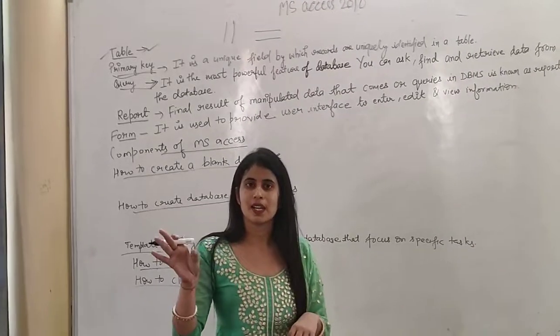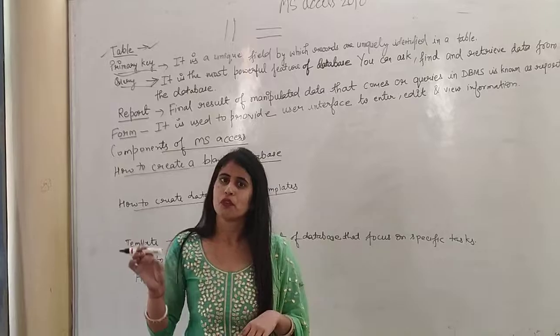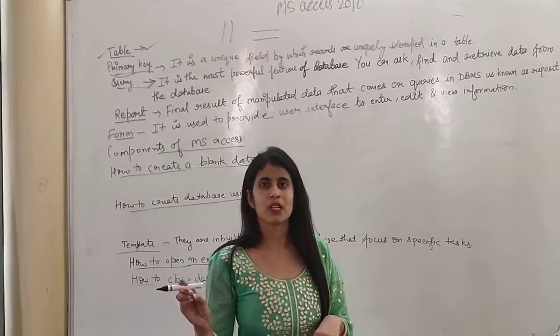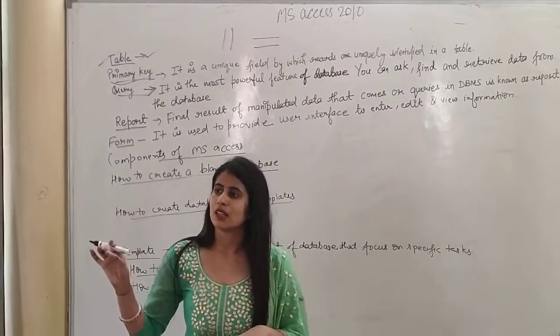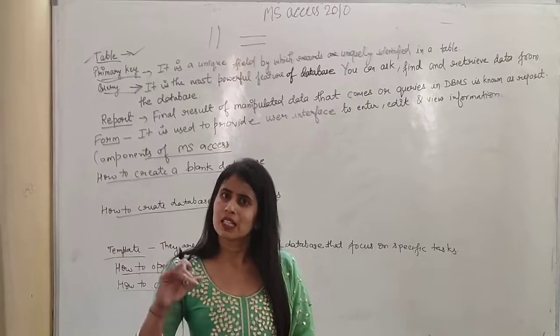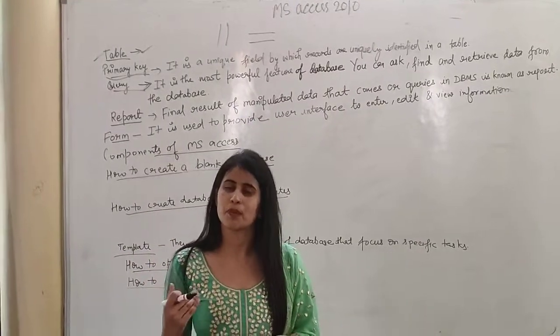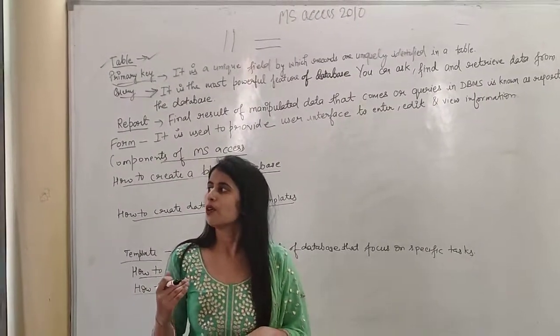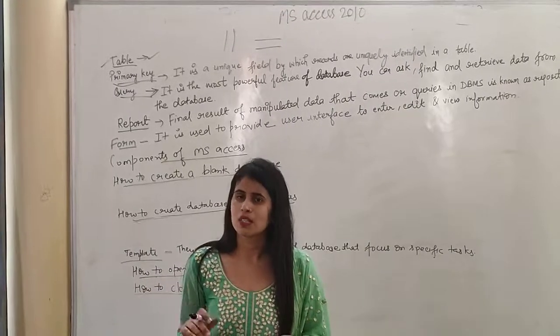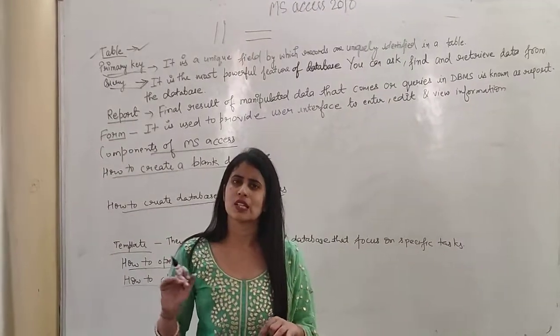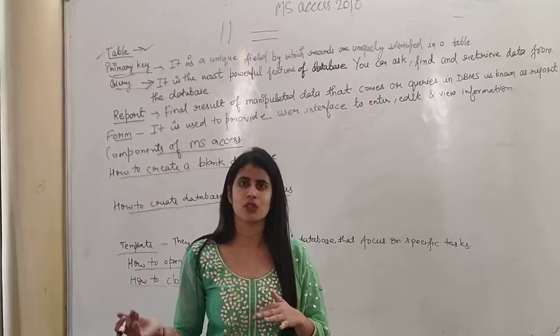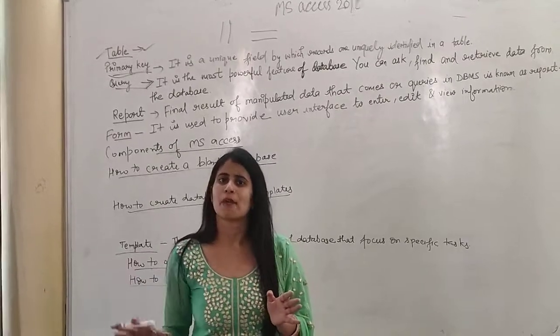If a table has fields like name, roll number, class, section and phone number, we could keep the phone number as a primary key. But why don't we? Because many persons change their cell number again and again.